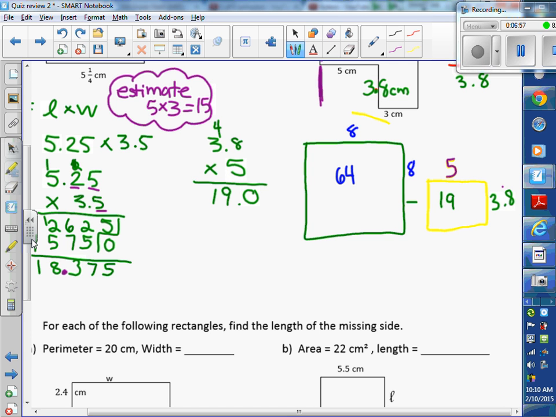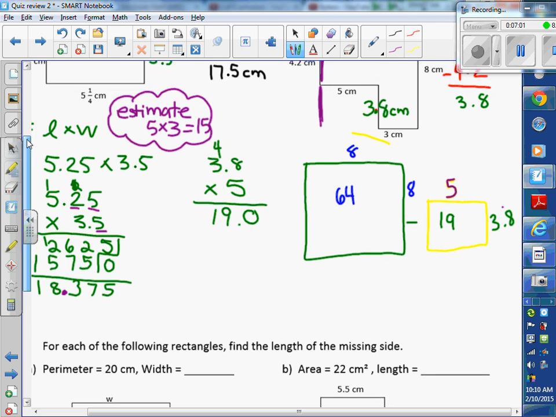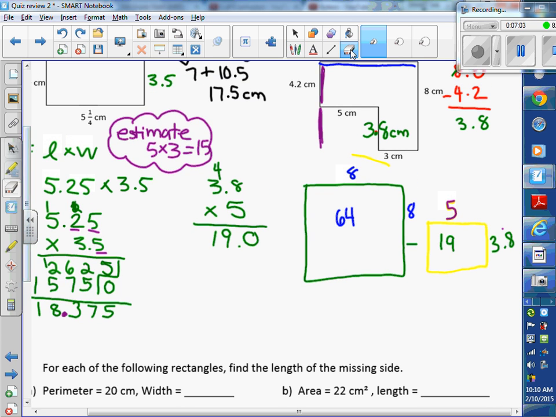I'm subtracting the big rectangle, take away the little rectangle, because then I would be left with this shaded area. So in order to do that, I have to do 64, take away 19.